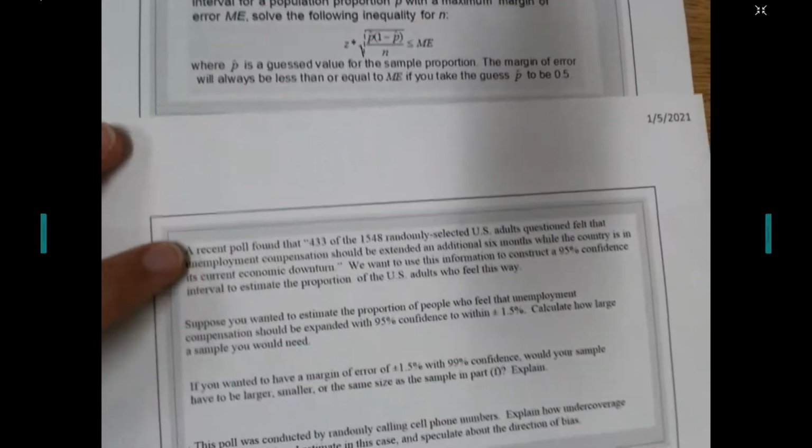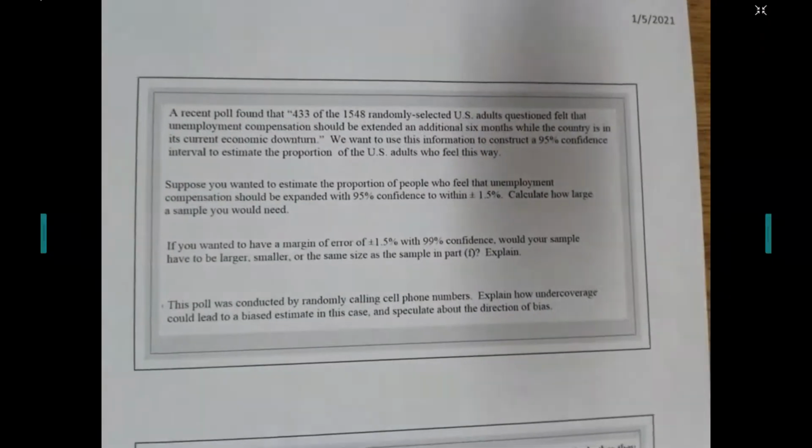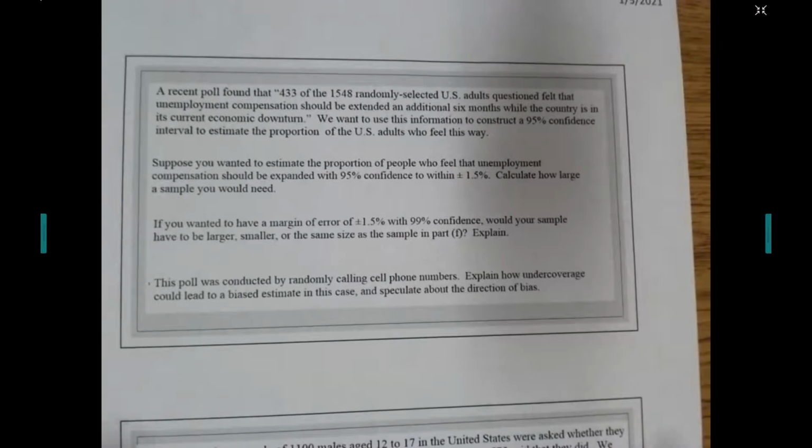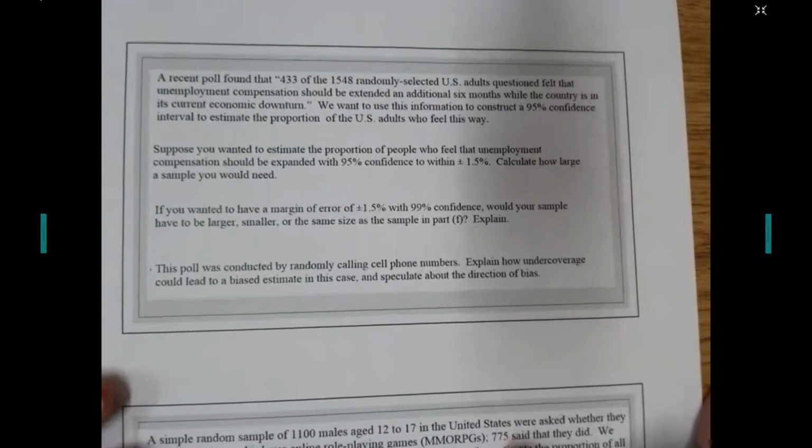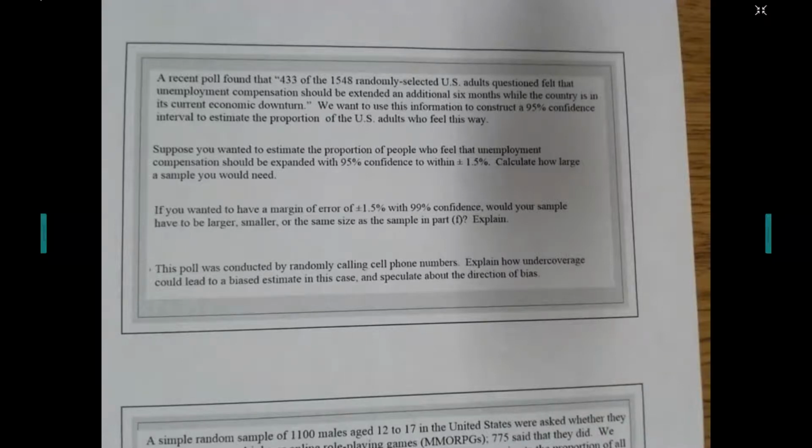All right, so a recent poll found that 433, and this is going back to the same question we just did, of the 1,548 randomly selected U.S. adults questioned, felt that unemployment compensation should be extended an additional 6 months while the country is in its current economic downturn. We want to use this information to construct a 95% confidence interval to estimate the proportion of U.S. adults who feel this way.